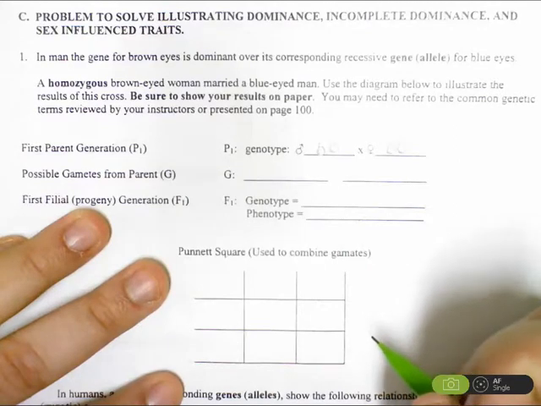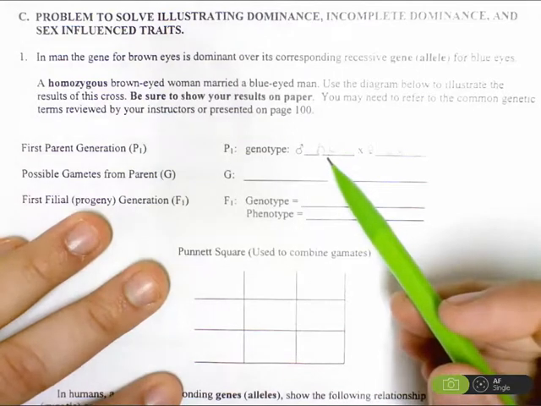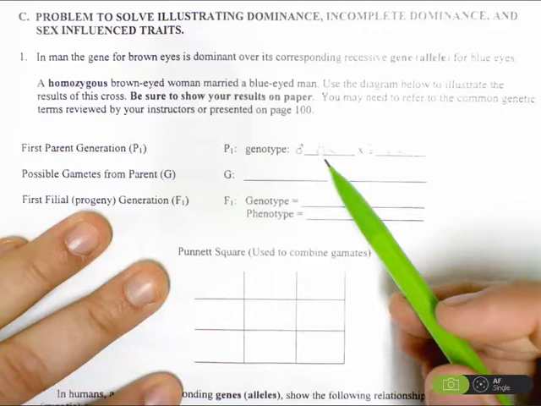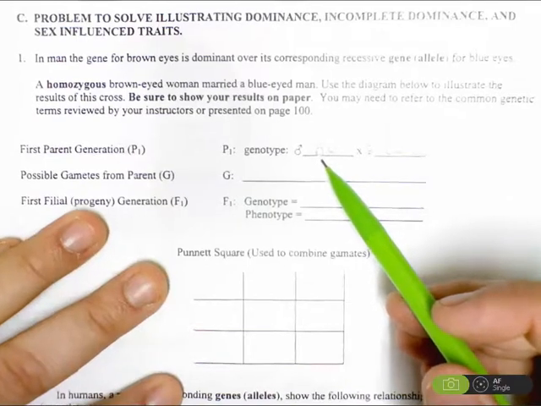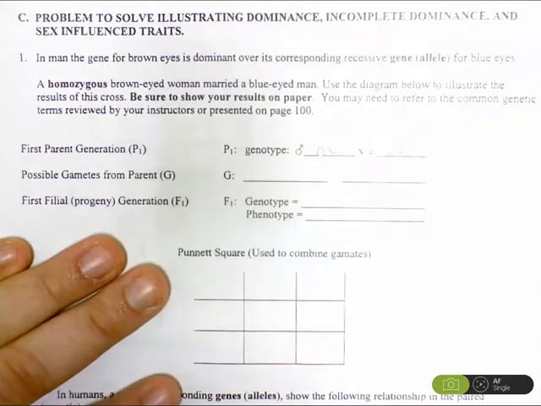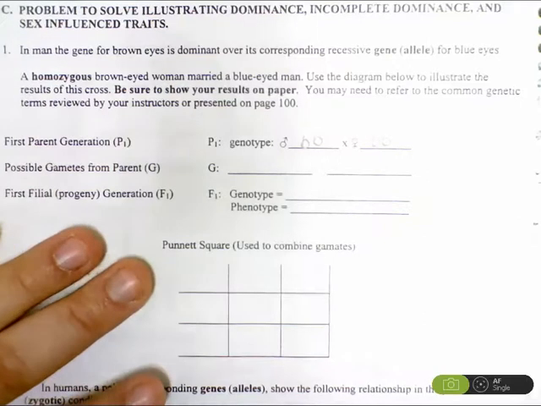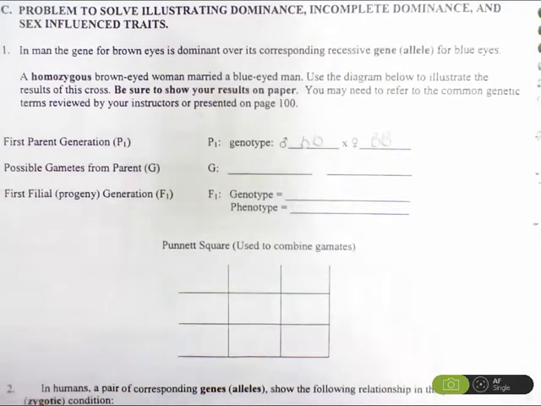What allele can they get from dad? What does dad have? Dad gives a gamete, but we need to know what allele for blue eyes dad has.